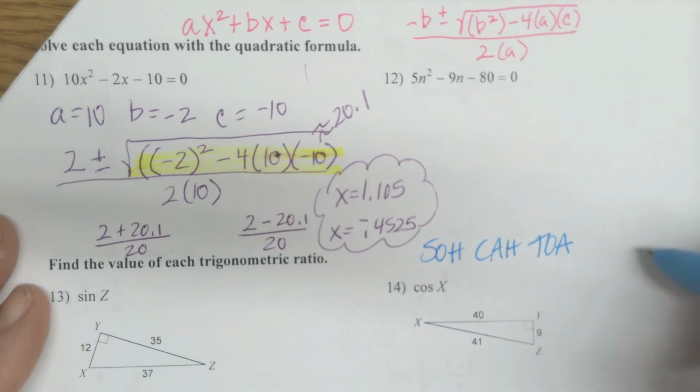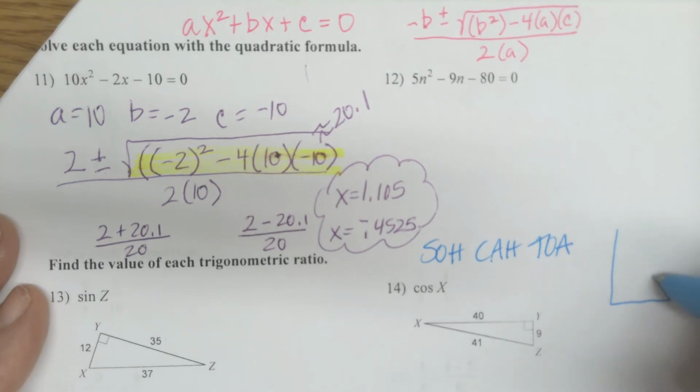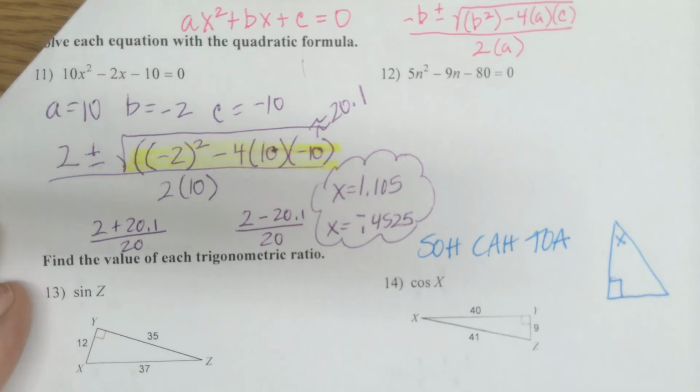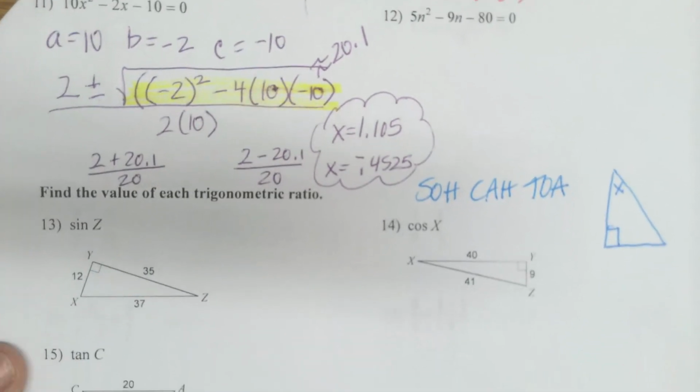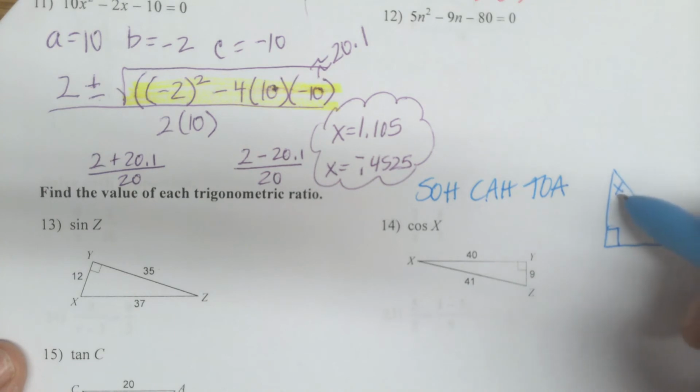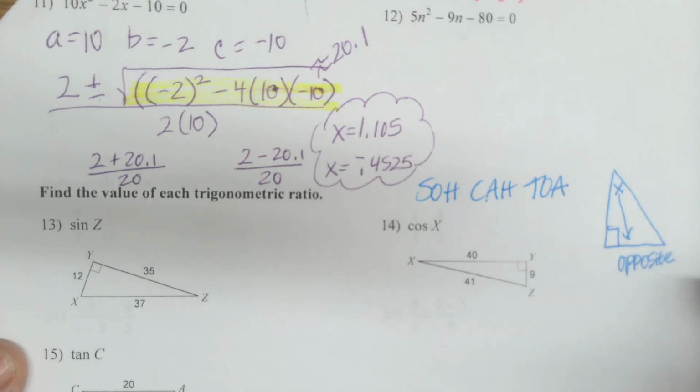Keeping in mind that when you have a right triangle, whatever angle you're looking at, I'm just going to put X in there. From that angle, across is the opposite side. The side across from the right angle is the hypotenuse.